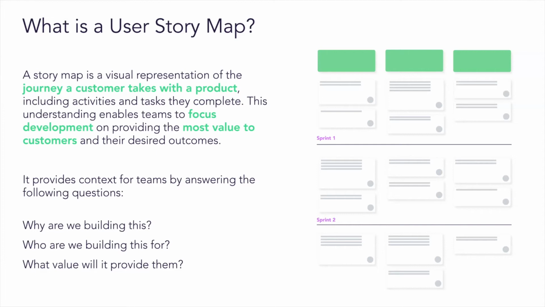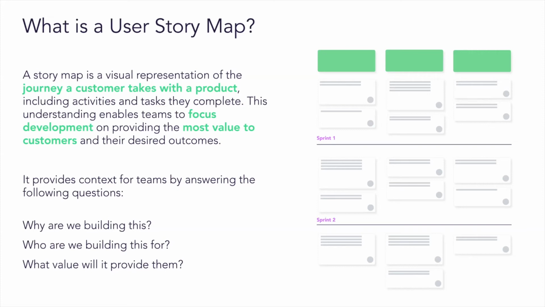So a user story map helps you understand, why are we building this? Who are we building this for? And what value will this product provide them? And you can see that this is a rough outline of the user story map on the right-hand side here.